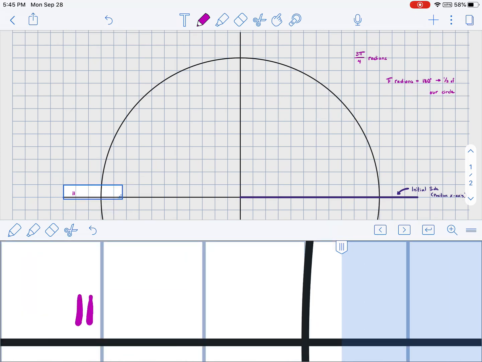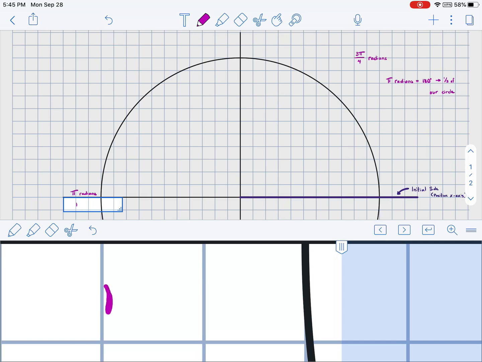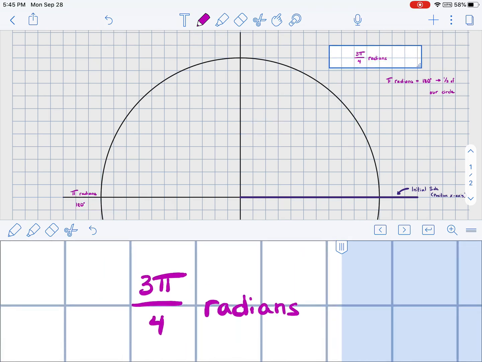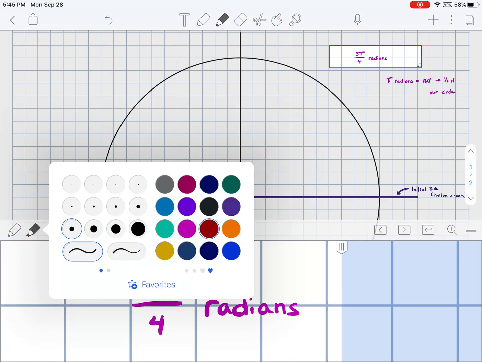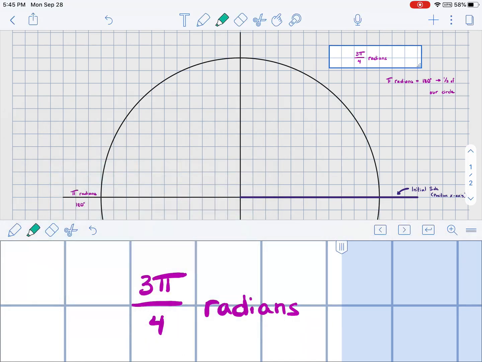So here would be pi radians. Keep my unit of measure involved there. This would be 180 degrees. So if I'm looking at 3 pi over 4 radians, I'm thinking to myself, I'm looking at 3/4 of half of my circle.